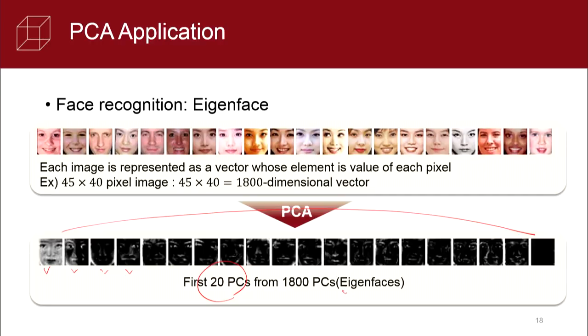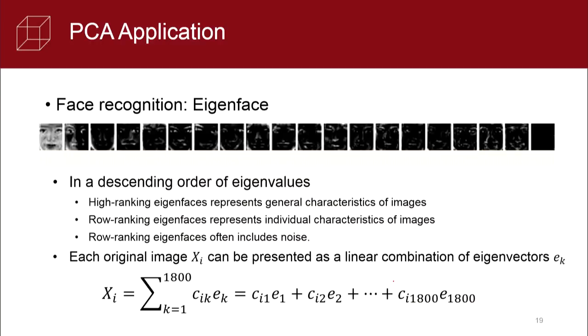We call these the eigenfaces. In descending order of the eigenvalues, the high-rank eigenfaces represent the general characteristics of the image, and the low-rank eigenfaces represent the individual characteristics of the image, right?